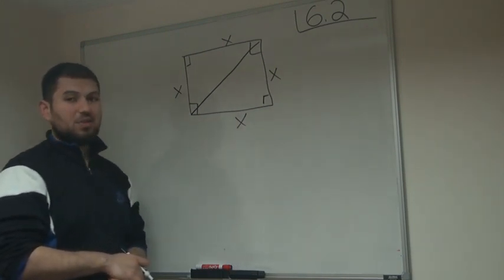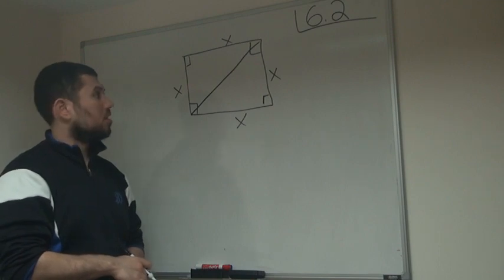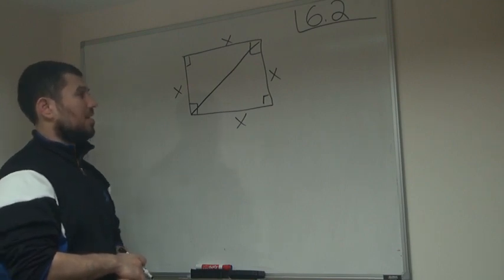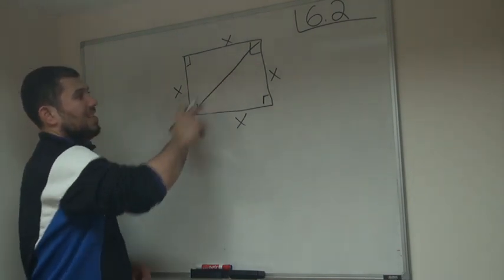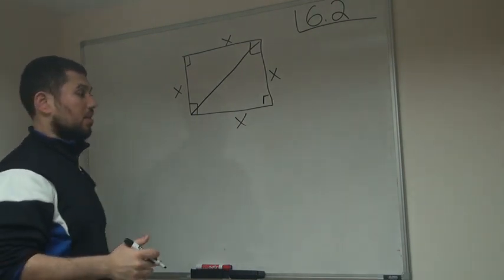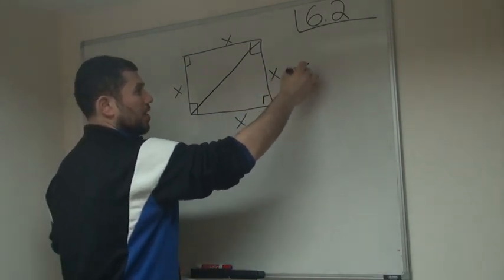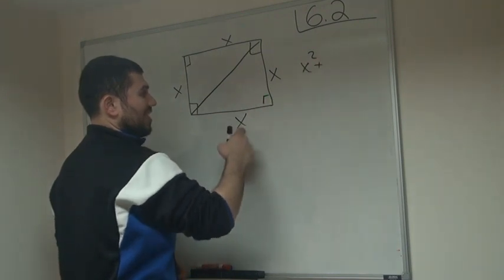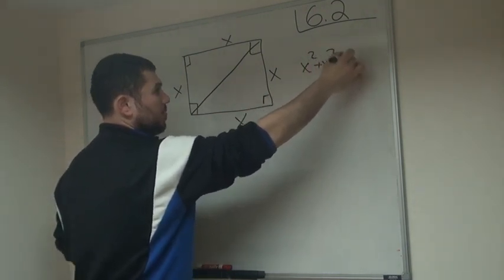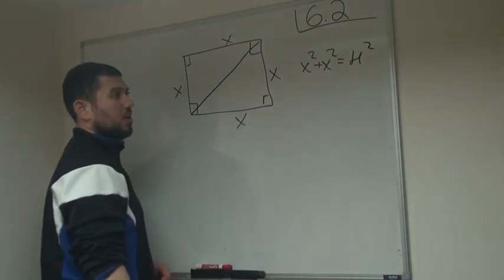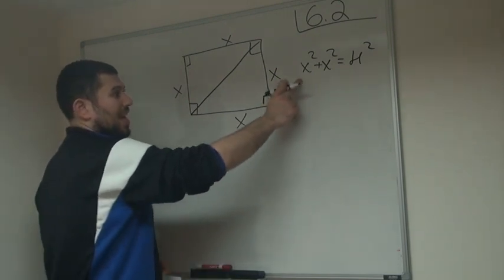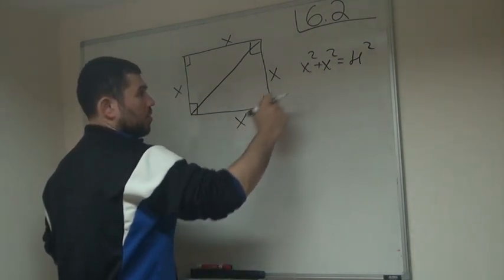Regardless of what the side of the square is, I can find the diagonal using the Pythagorean theorem. The leg squared, x squared, plus a second leg squared, x squared, should give me the hypotenuse squared, h squared. Well, what's x squared plus x squared?